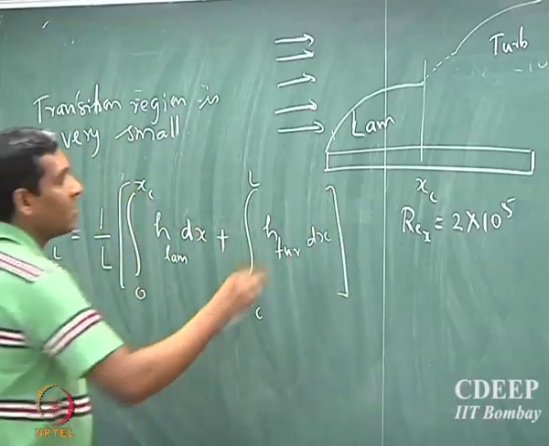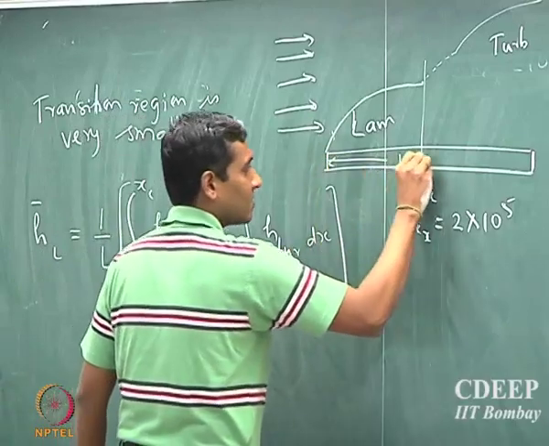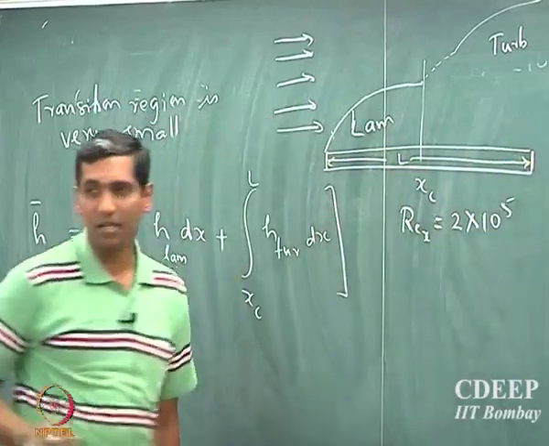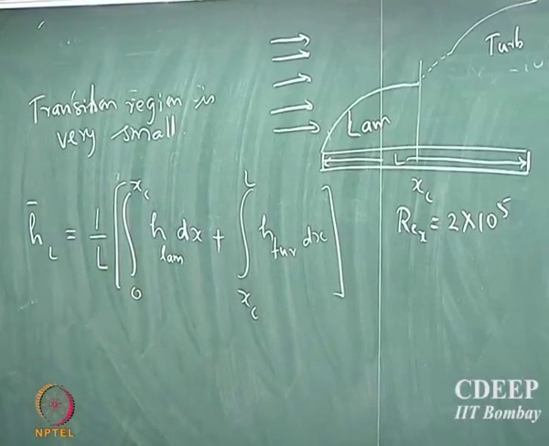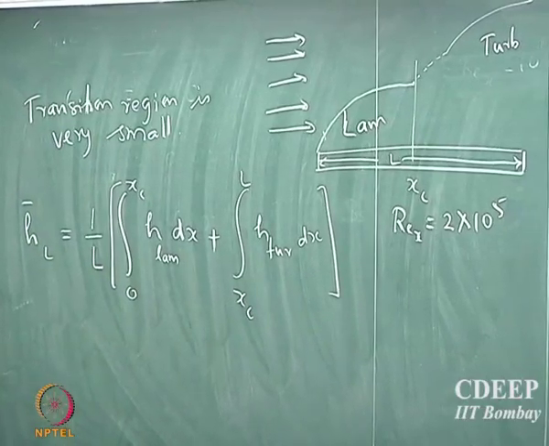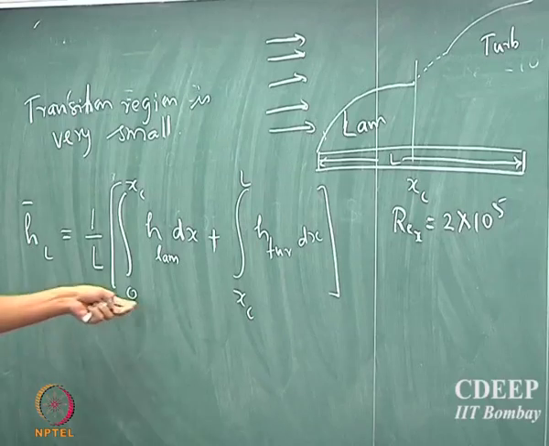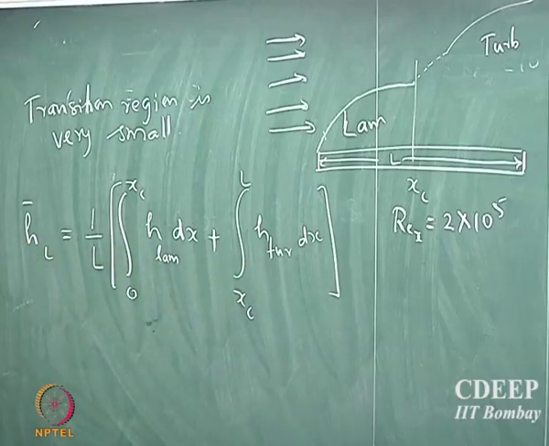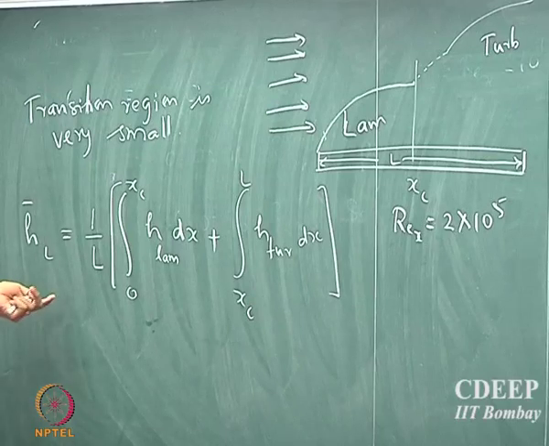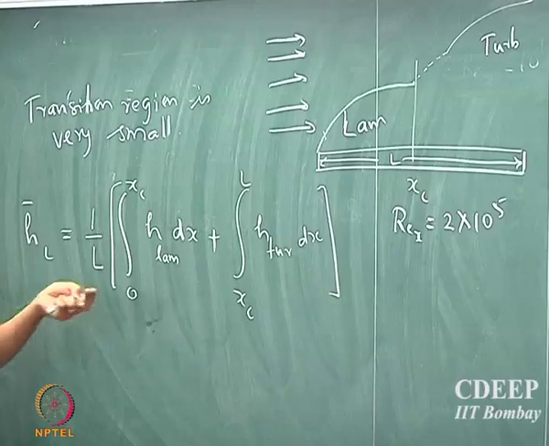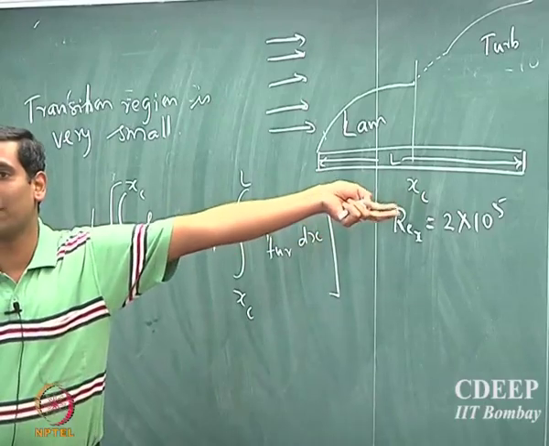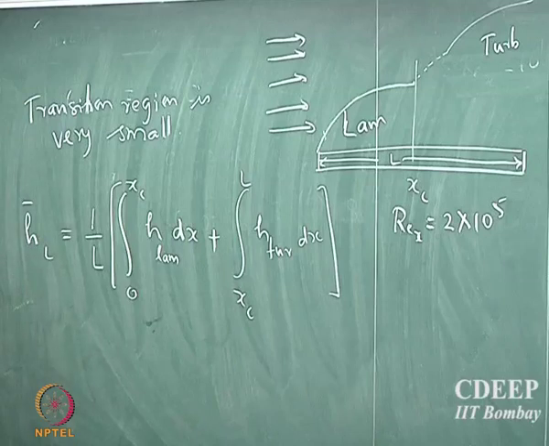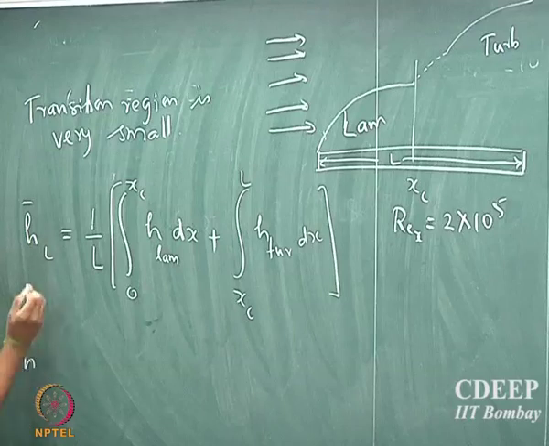Where the length of the plate is L. So one could simply integrate the local heat transport coefficients in laminar condition up to the critical point and integrate the same in the turbulent conditions up to the full length of the flat plate. So that will give you the average heat transport coefficient when you have mixed conditions of both laminar and turbulent conditions. And one could do the same exercise for mass transport coefficient as well.